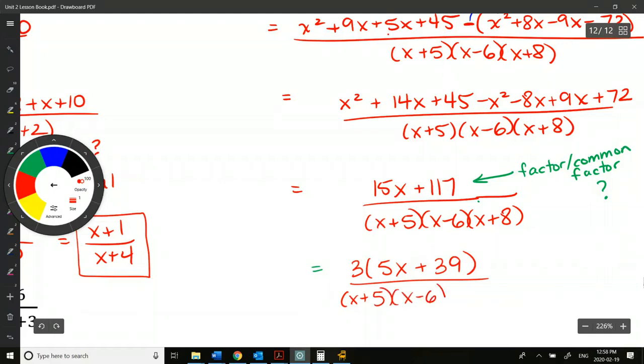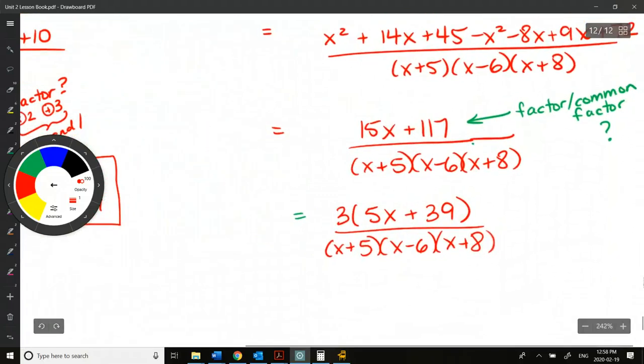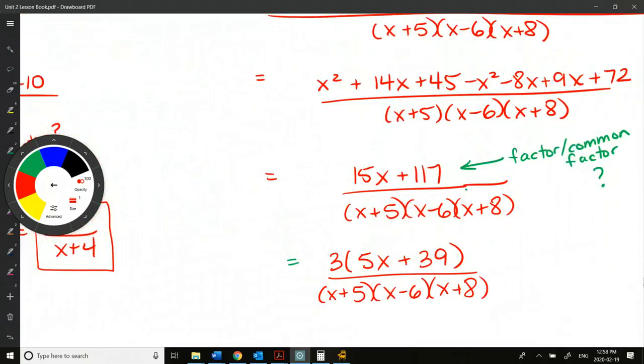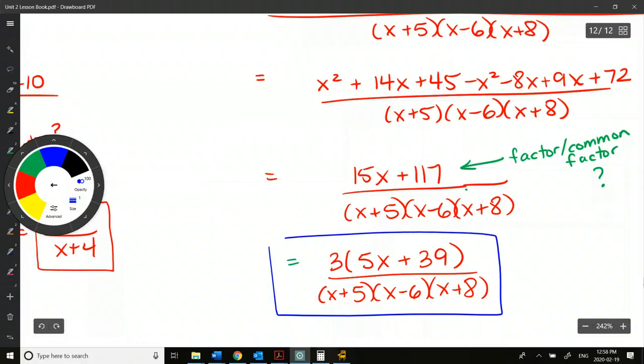And you can always check at the end, now that we have everything in fully factored and common factored form, check to see if you can cancel any brackets. So do we have anything that can be canceled? Okay, so this is just now in fully simplified form, along with those restrictions from the top.